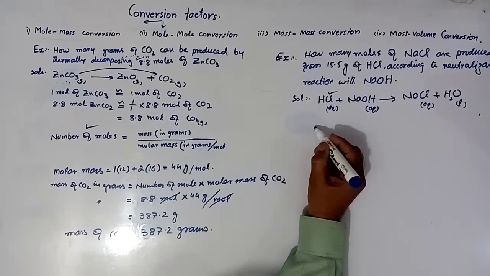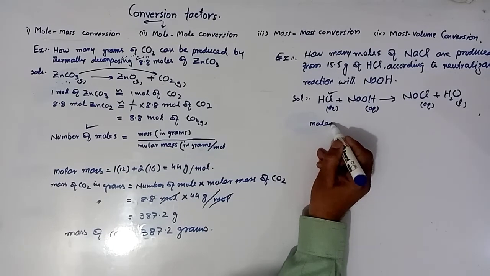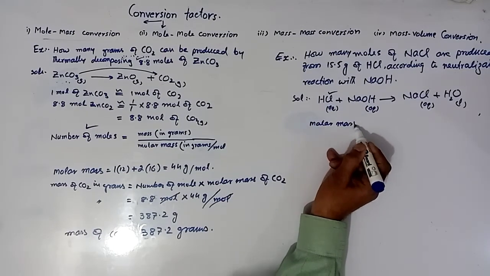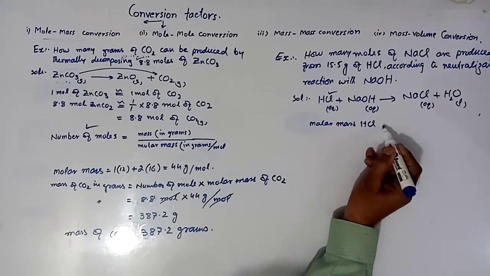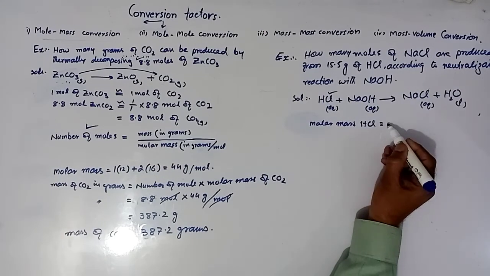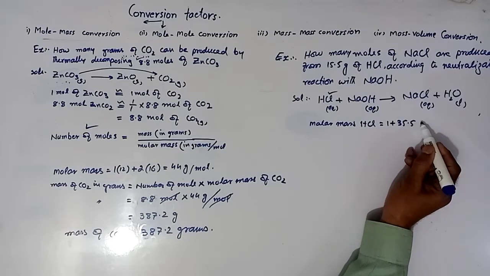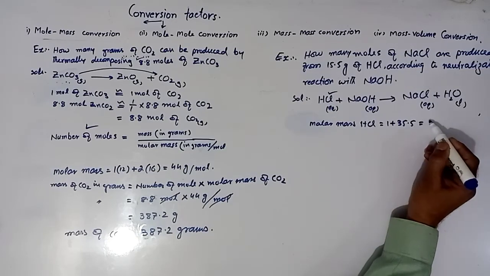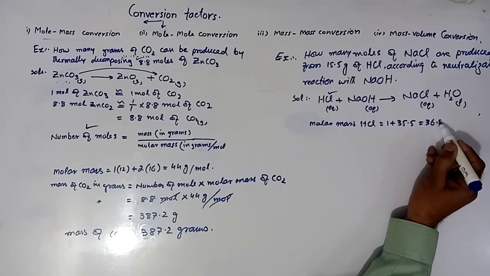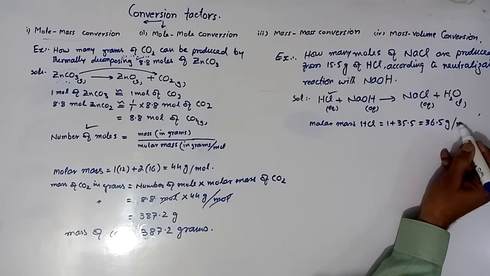Now we will have to find out the molar mass of hydrochloric acid. So the molar mass of hydrochloric acid is 1 plus 35.5, which is equal to 36.5 grams per mole.